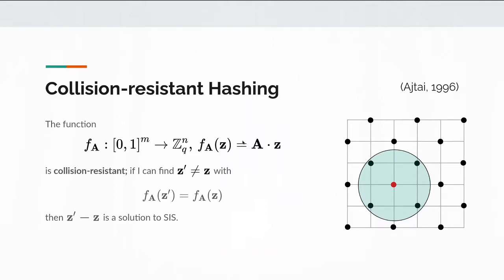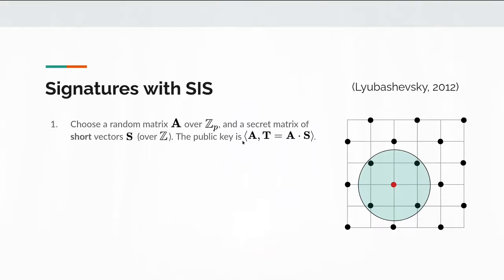If I take the difference, then the function's linear, so I'm going to get a 0 answer, and that's going to be a solution to short integer solutions. So because SIS is hard, this function must be collision resistant. And it's shrinking, right? The m power and the n power, m can be a lot bigger. So we get this nice variable length property where the hash function makes the result shorter.